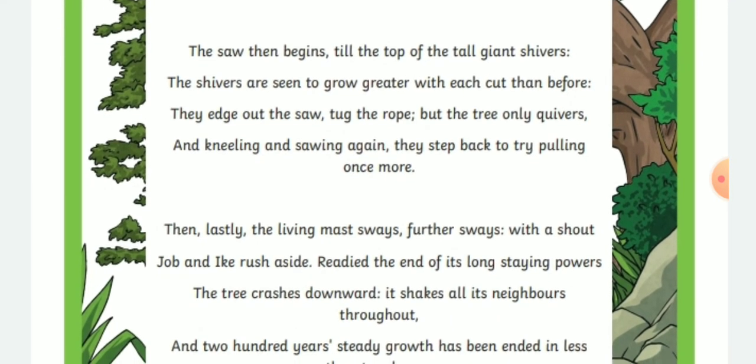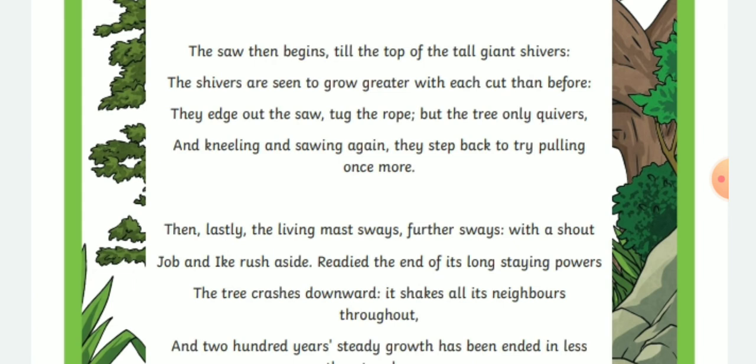The saw then begins, till the top of the tall giant shivers. The shivers are seen to grow greater with each cut than before. What is the meaning of shivers? Shivers means here, it is given in the book, vibrations or shaking.